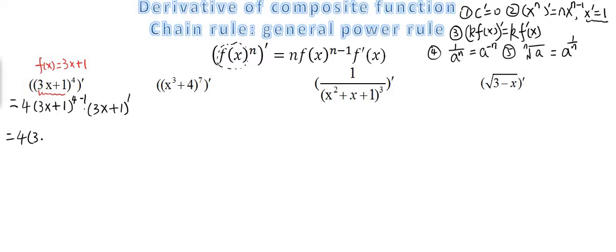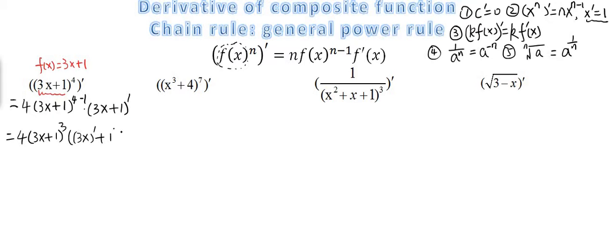We're going to get (3x plus 1) cubed, and here we have the derivative of a binomial. That means we're going to do the derivative for each monomial.